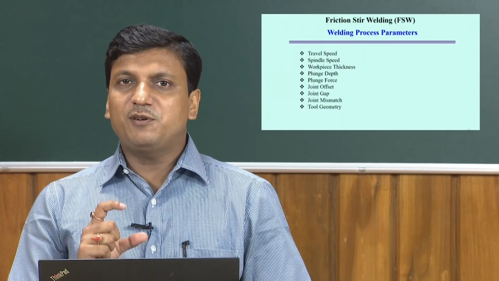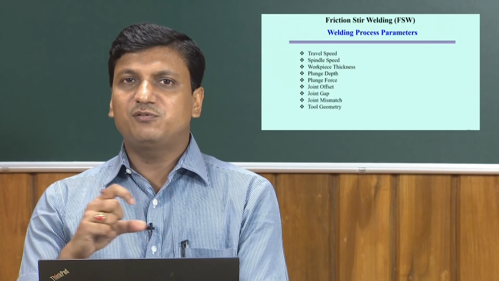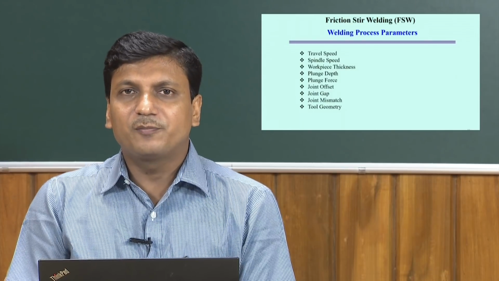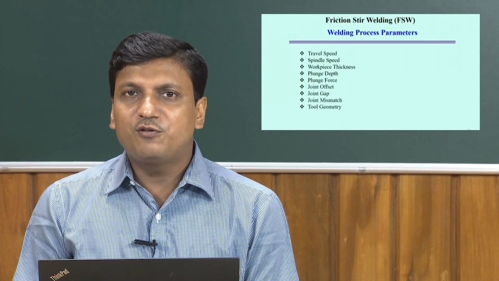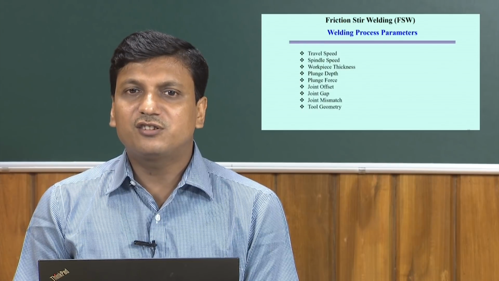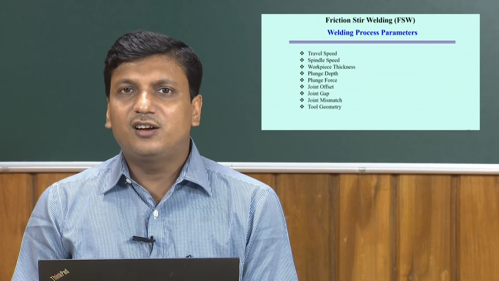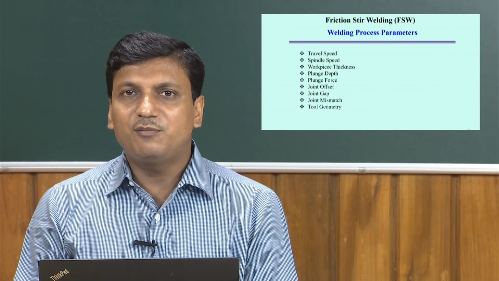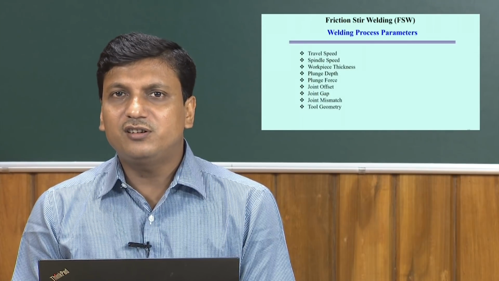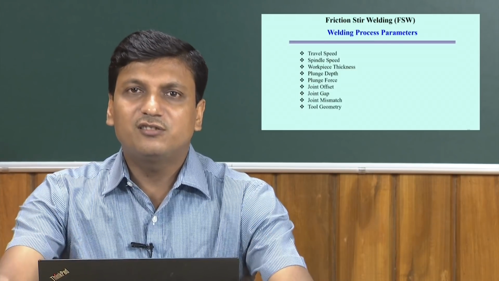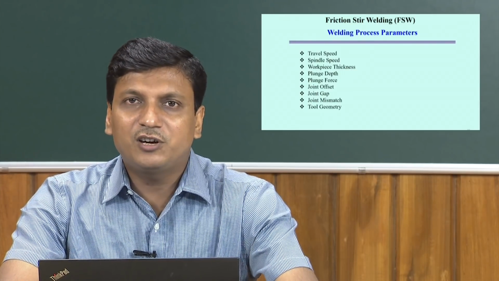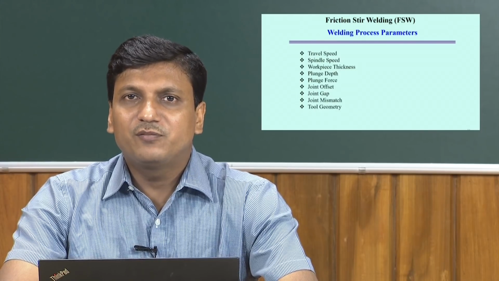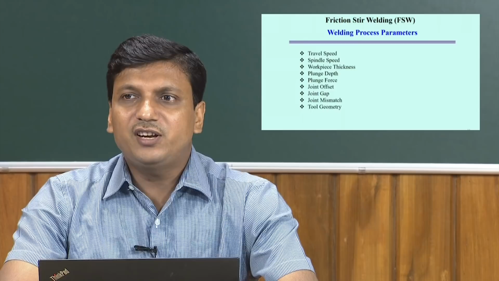There is some optimum thickness of the material for a specific tool geometry, but normally we find that 4 to 6 millimeter thickness of aluminum alloy can be successfully joined using conventionally existing tool geometry. But if the thickness is too high, then it is very difficult.